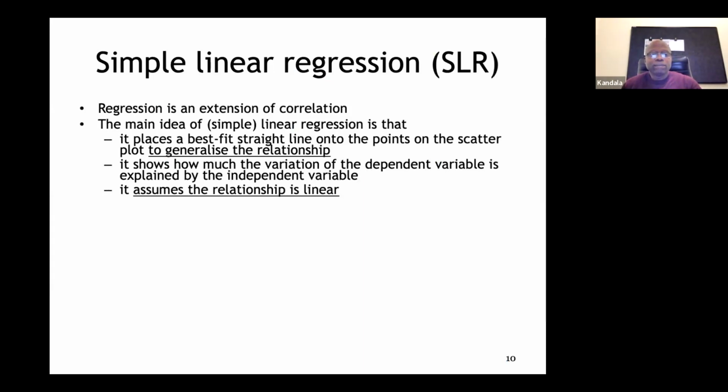The main idea about simple linear regression is that you will usually place the best fit straight line through the points, so that this relationship can be generalized later. It also shows how much of the variation of the dependent variable is explained by the independent variable.